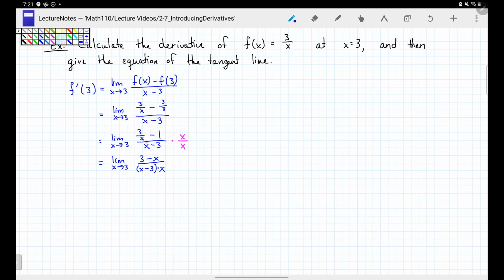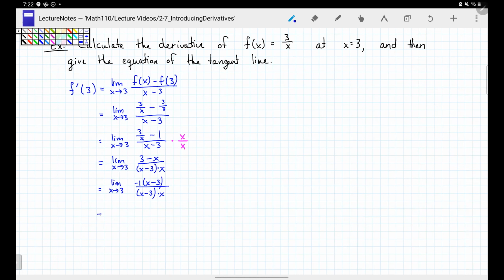You might see that the numerator has a 3 minus x and the denominator has an x minus 3. They look very similar, but those two expressions are opposites. So in order to make this work, we can factor out a -1 from the numerator. 3 minus x is the same as -1 times x minus 3, divided by x minus 3 times x, and we're taking the limit of this as x goes to 3.